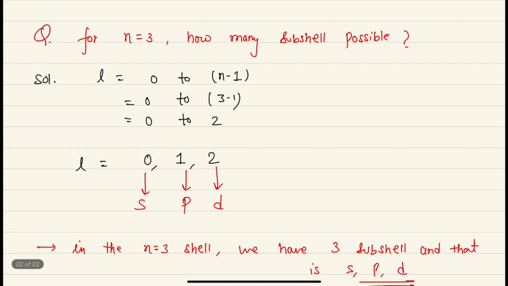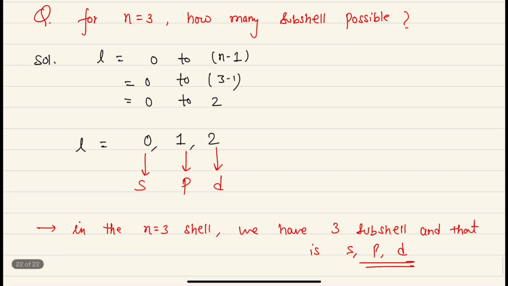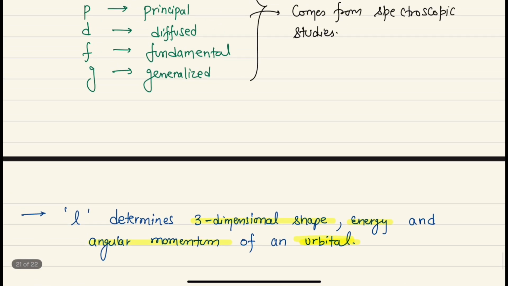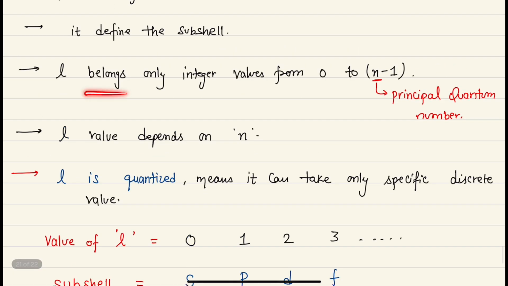Okay, how did I do this? It's very easy, super easy. For n equal to 3, how many subcells are possible? Apply the formula. L equal to 0 to n minus 1, right or not? And here the n value is 3. So 0 to 3 minus 1, how much is it? 0 to 2. And we know that L value belongs only to integer values.